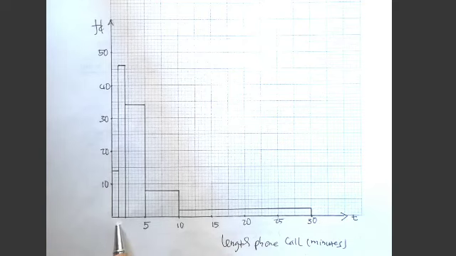The second class is time from 1 until 2, and the frequency density is 46, and so on. The last class is time from 10 to 30 minutes, and the frequency density is 2. Thus this is the histogram illustrating the data in the table. Thank you.